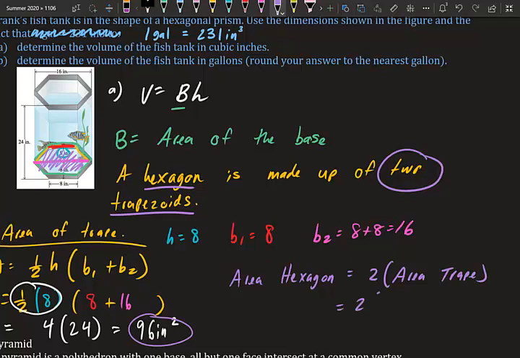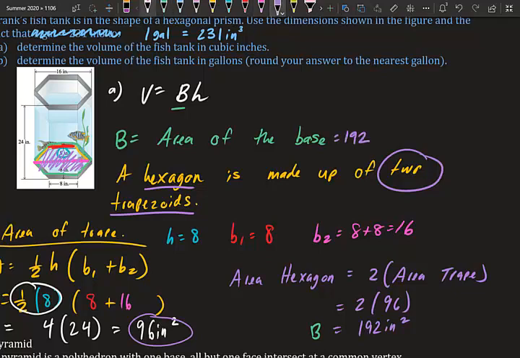So that's 2 times 96, which we get 192 inches squared. So we found B. That's what B is. It's 192.